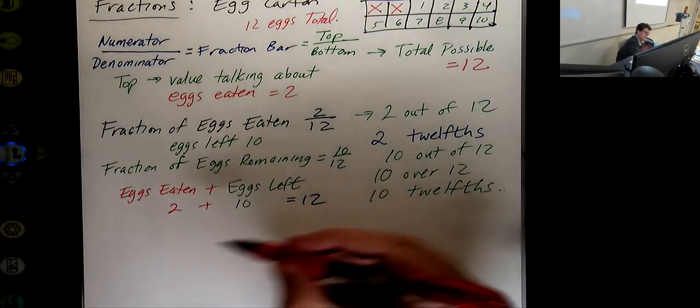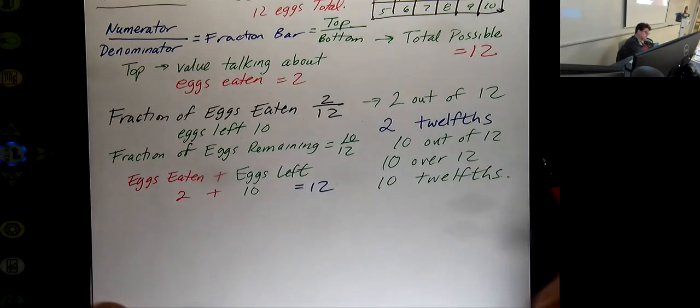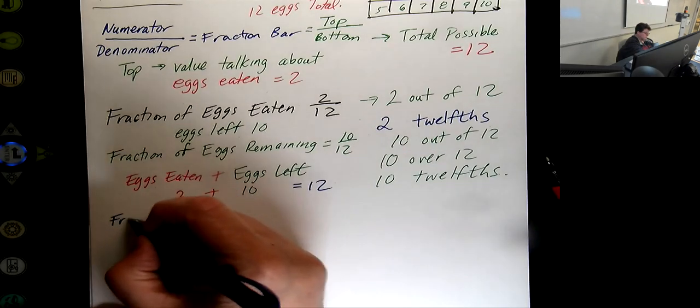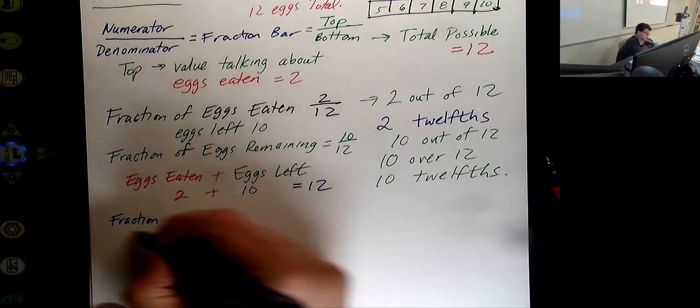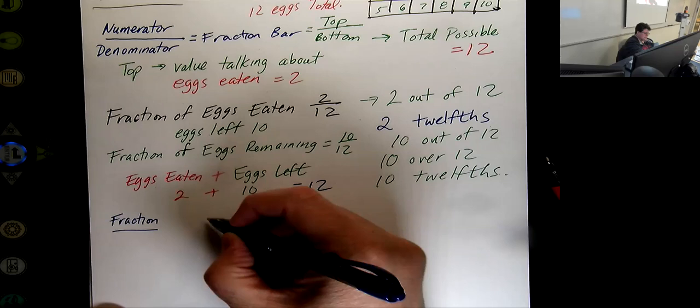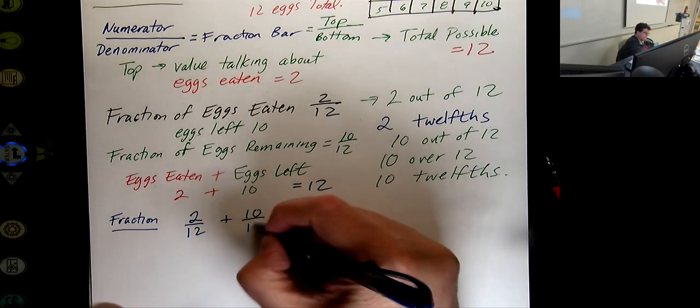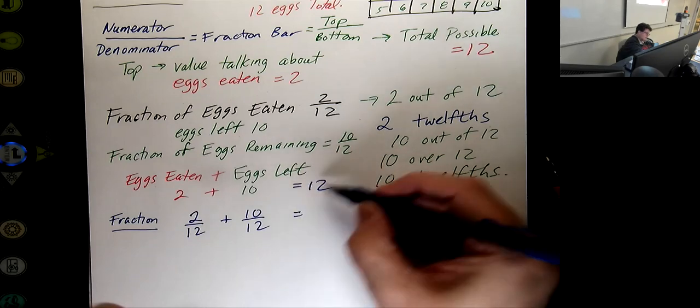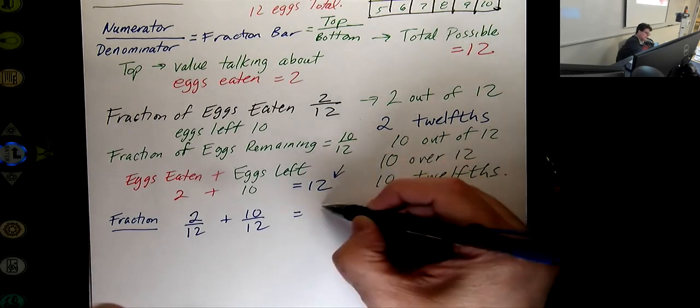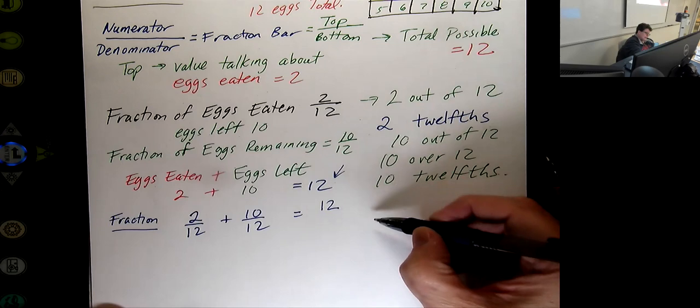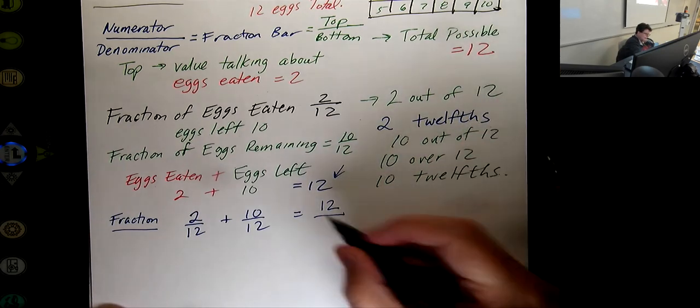So if I look at the fraction form, how we add fractions, if I've got 2 over 12 plus 10 over 12. If I wanted to write this 12 as a fraction, it would be the 12 on top, and I know there were 12 possible eggs.